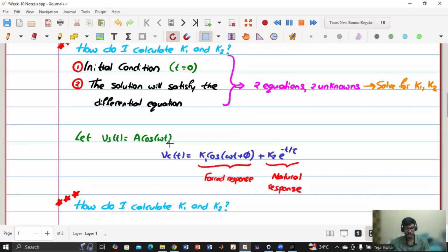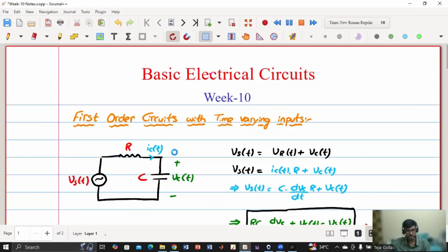So is it clear? Let me just quickly summarize. In the previous week, we considered that for any first order circuit, if the input is DC, we have discussed the solution. Say for capacitor voltage, we can write Vc of t equals Vc of infinite plus Vc of 0 minus Vc of infinite into e to the power minus t by tau.